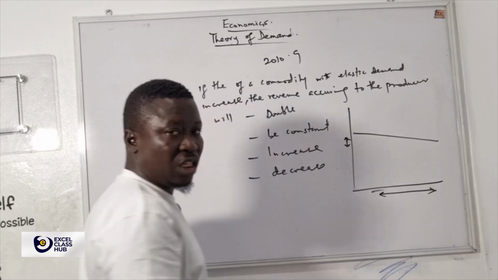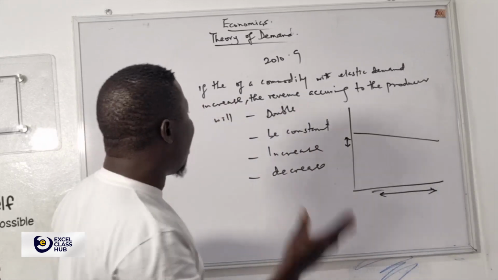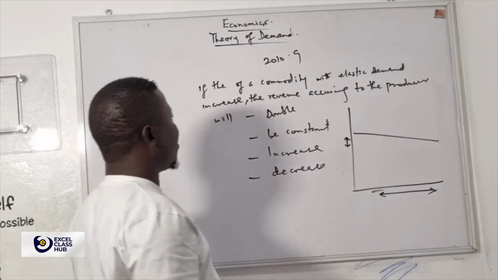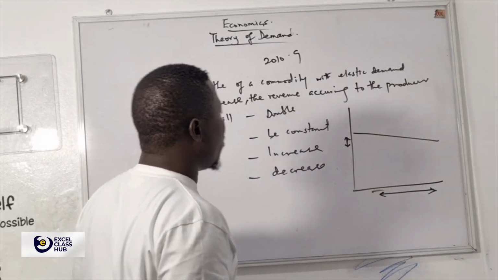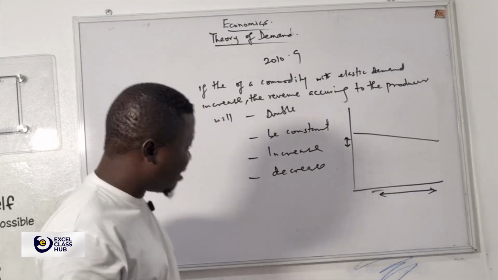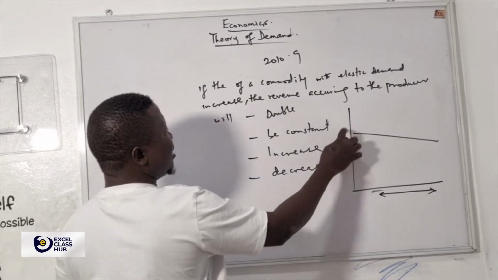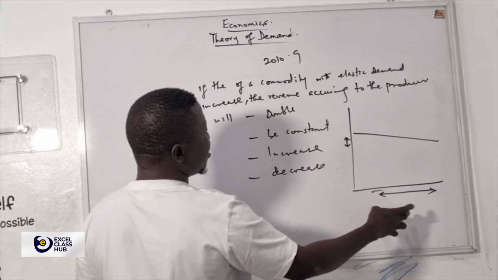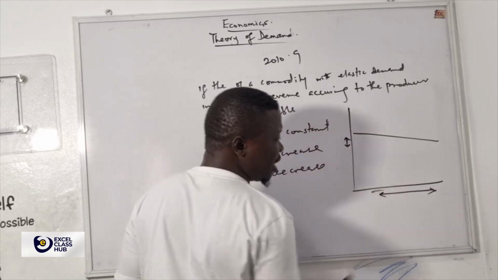Quantity. Just have it in mind. Now, if the commodity with elastic demand increases, the revenue accruing to the producer will, can you guys see? Automatically, the difference here: small change in price, big change in quantity.